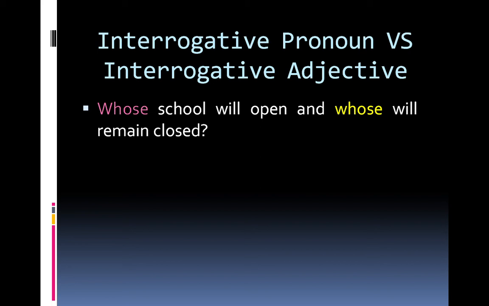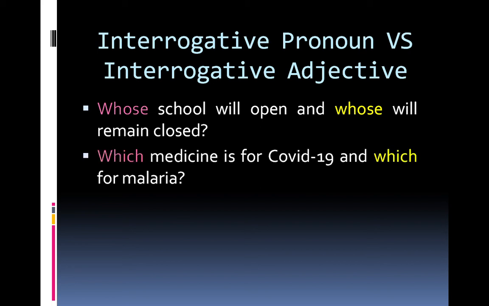In whose school, it's possible to call it both interrogative pronoun or interrogative adjective. In whose will remain closed, whose is interrogative pronoun only because the noun is missing. We have said this thing time and again that to modify a noun, the noun should be there. It has to be present.